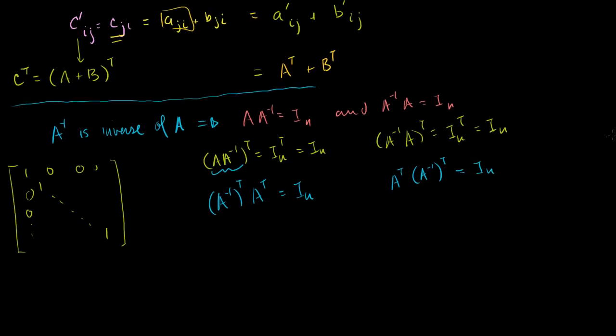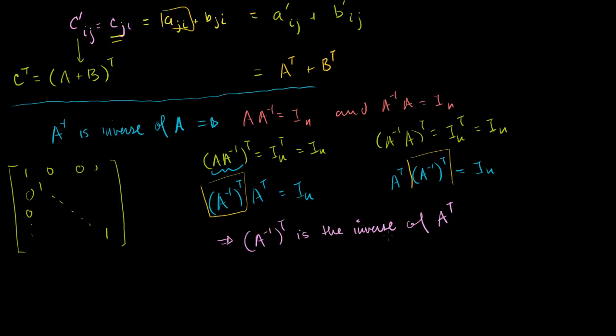Now, this is an interesting statement. The fact that if I have this guy right here times the transpose of A is equal to the identity matrix, and the transpose of A times that same guy is equal to the identity matrix, implies that A inverse transpose is the inverse of A transpose.